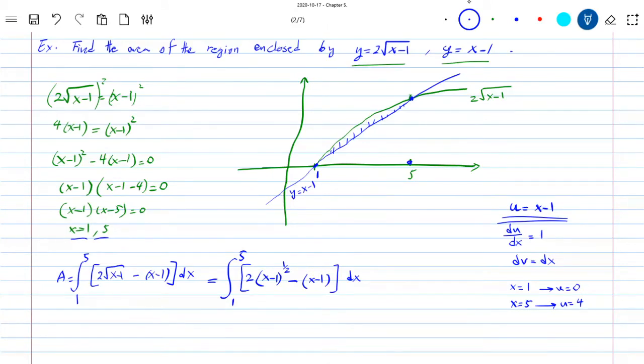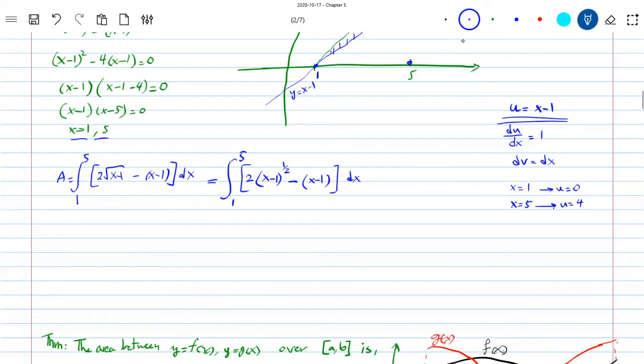So I can rewrite this integral and say this area equals the integral from 0 to 4 of 2u to the power 1/2 minus u, because x minus 1 is again u, and dx equals du.